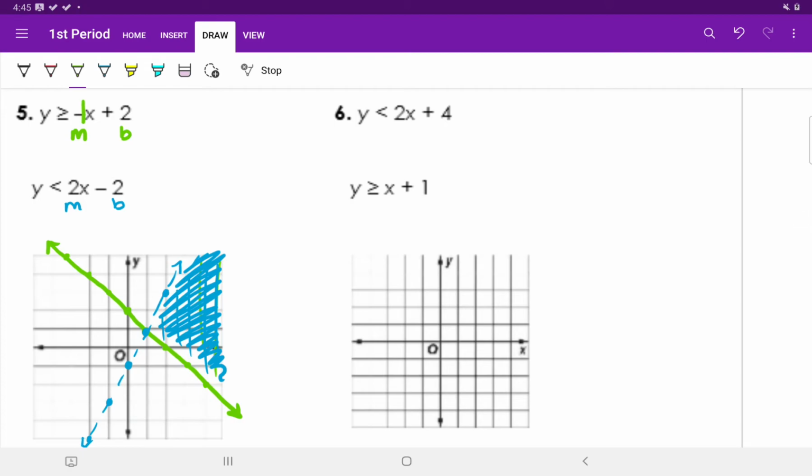For number 6, we already have our inequalities in slope-intercept form, so identify your m, your b. Our y-intercept is +4, and our slope goes up 2 and right 1, but that goes off the graph, so I'm going to go down in the other direction. And this will be a dotted line for which we'll shade below.